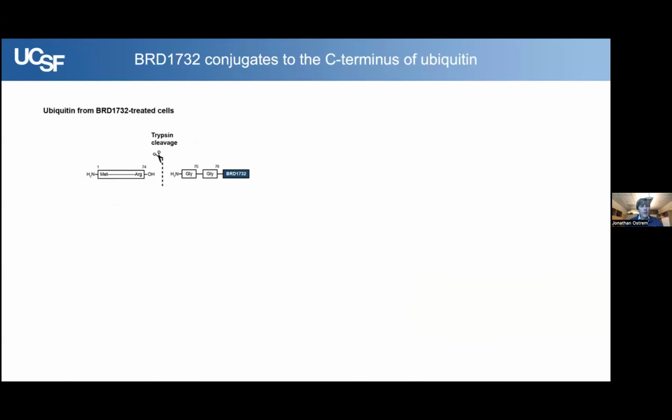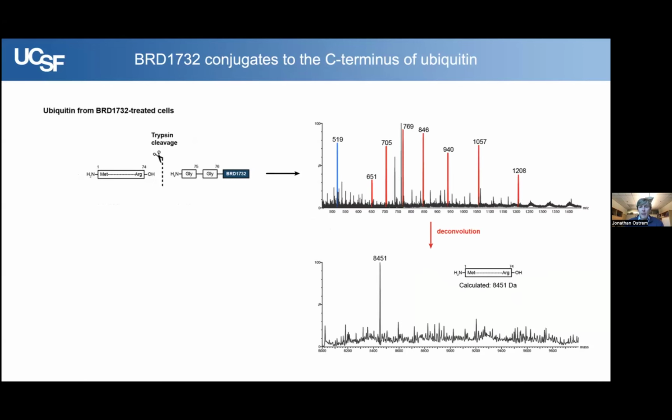Now, it turns out if you take ubiquitin and you don't denature it, and then you treat it with trypsin, the primary cleavage site is after residue 74, meaning that you've only cleaved off the terminal diglycine of ubiquitin. So we did this on ubiquitin purified from 1732 treated cells and ran that on a mass spec.